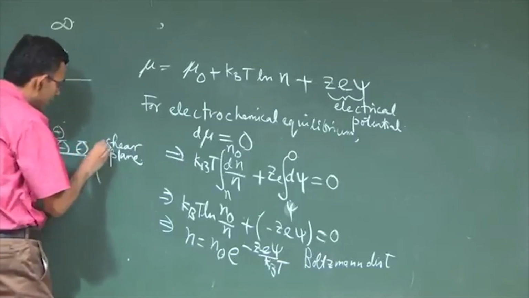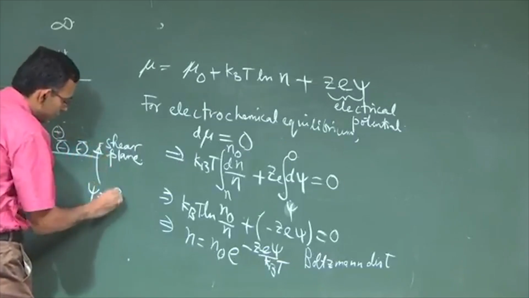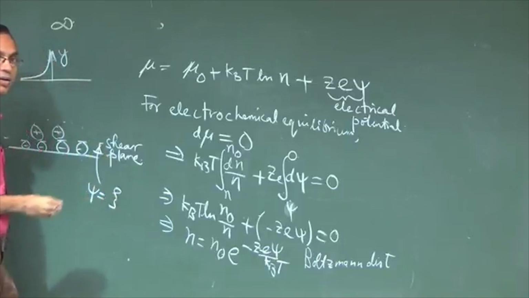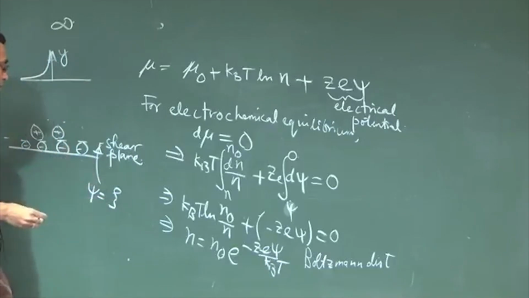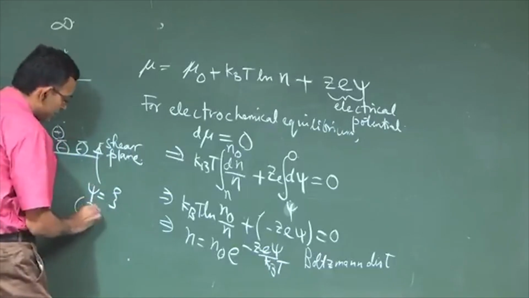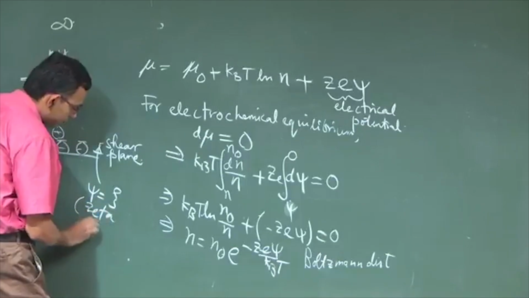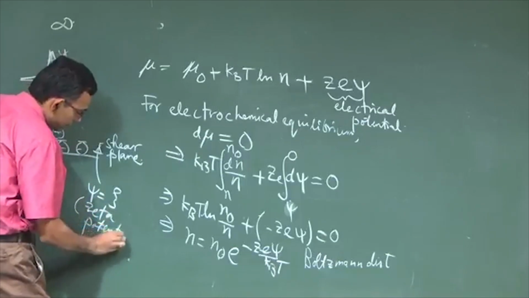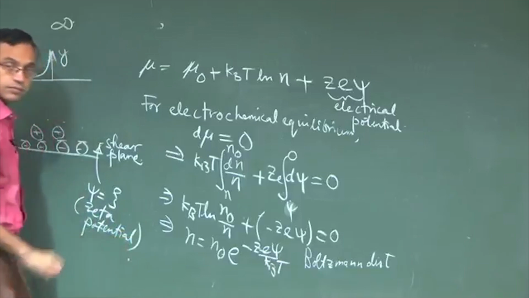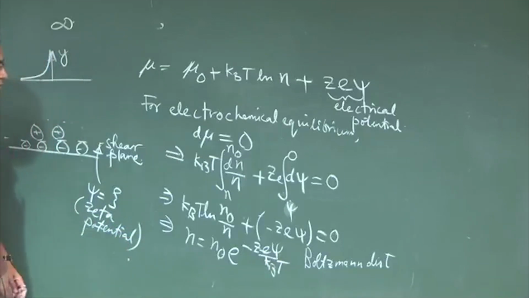So, here you have psi equal to zeta. This is a very important parameter in electrochemistry.